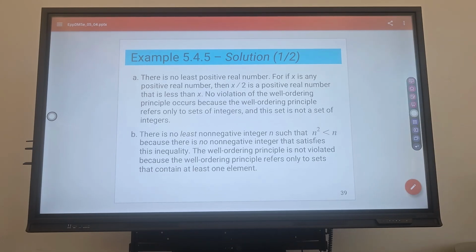So there is no least positive real number. For if x is any positive real number, then x divided by 2 is a positive real number that is less than x. No violation, because it only applies to integers. There is no least non-negative integer n such that n squared is less than n, because there is no non-negative integer that satisfies this inequality.